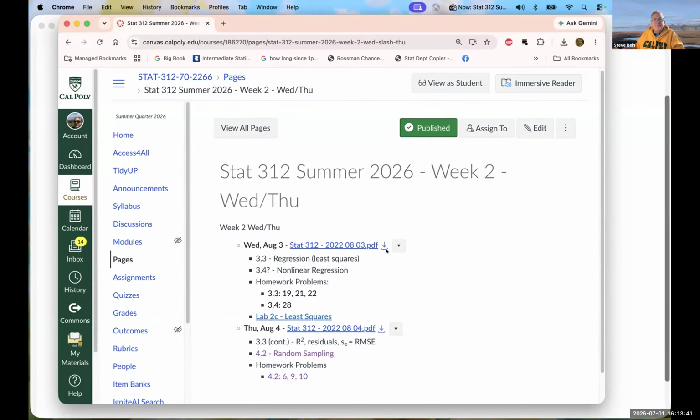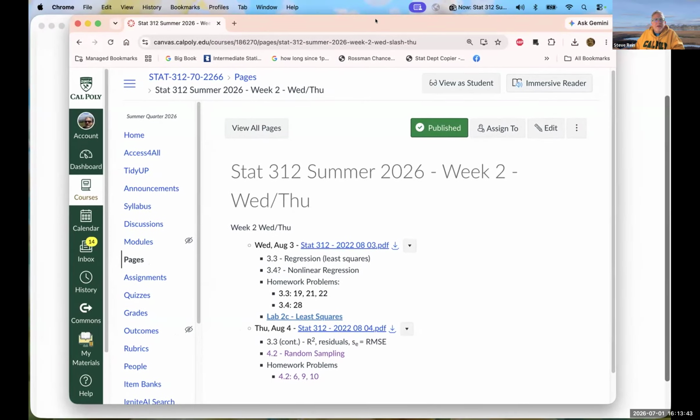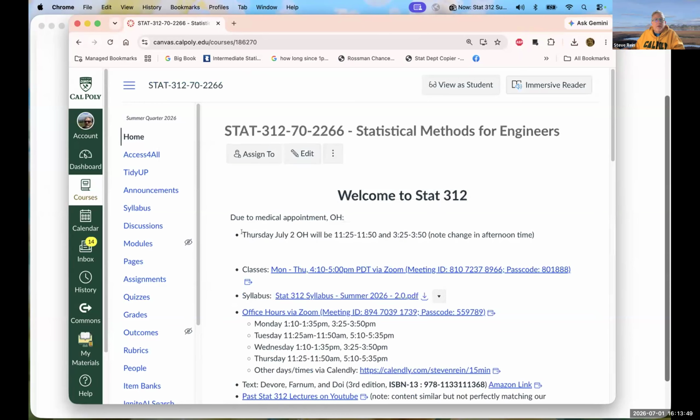So with that in mind, let's talk about office hours this week and Thursday in particular. Thursday will be the normal morning hours, but normally Thursday we would have office hours following class at like 5:10 till 5:35. It's going to have to be again before class on Thursday.